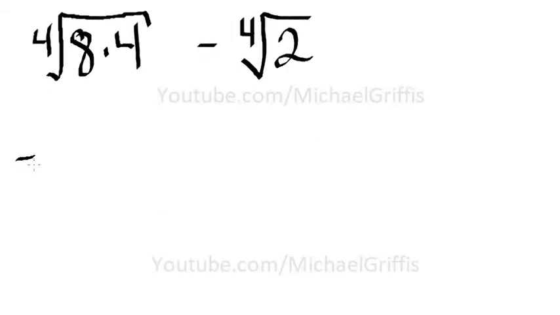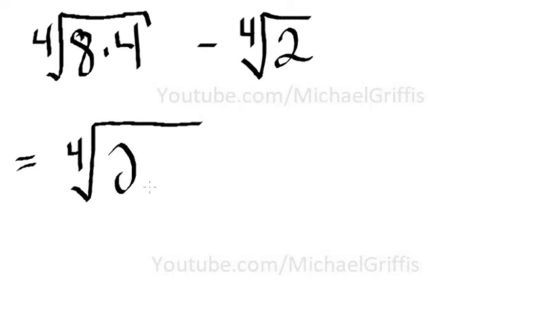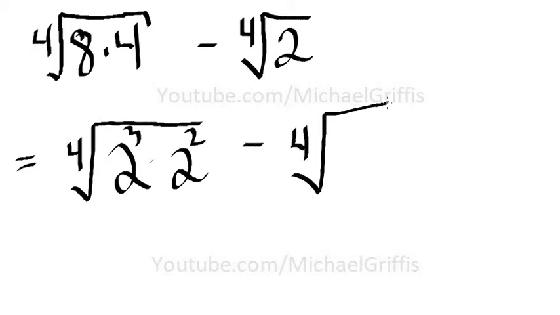Now we can break this down to the 4th root of 2 cubed, which is 8, times 2 squared. Go ahead and rewrite. Of course, we're in radical form right now.